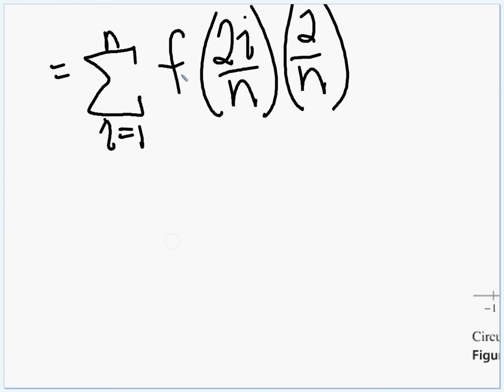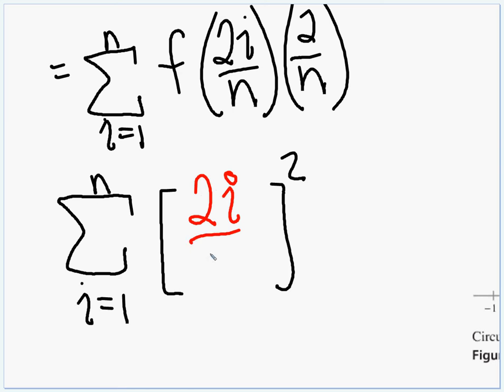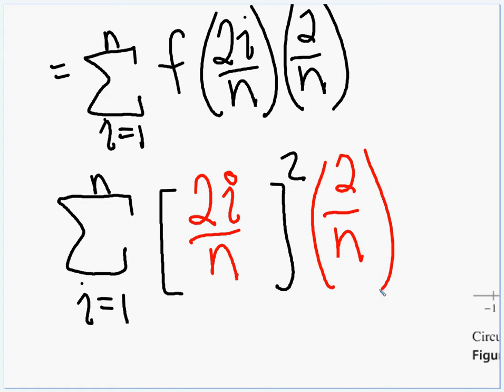Now we're going to make the jump from function notation to actually jumping into the function. And remember, our function was some quantity squared. What are we squaring? 2i over n. And of course, out here, we have our 2 over n.